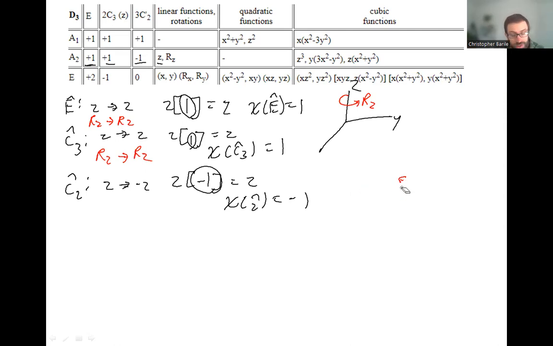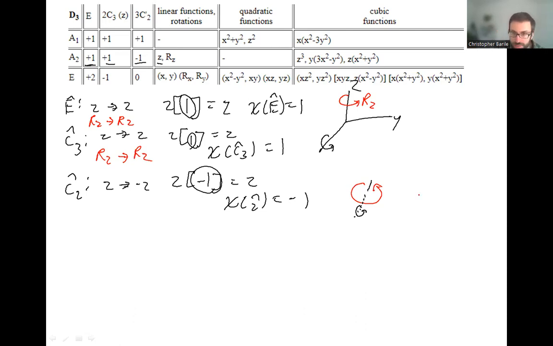Lastly, a more interesting case is when we do this C2. And remember, we said it was a C2x, so it's flipping it this way. Now, if you imagine you have this vector and you just flipped it that way, we started off with a vector like this, but we are flipping it kind of across here. We're doing a rotation there.